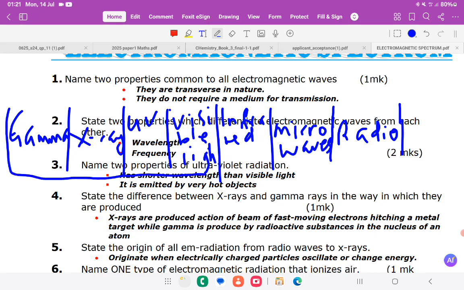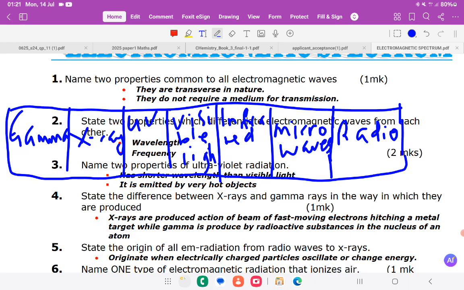As you move along the spectrum, there's a change in the frequency and wavelength. Let's start with the wavelength. The wavelength of gamma is very small compared to X-rays.